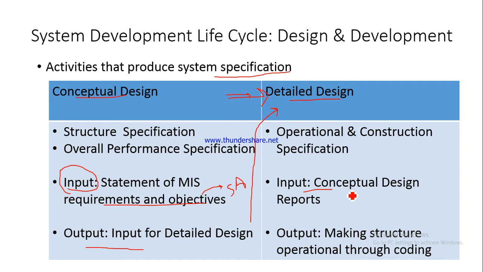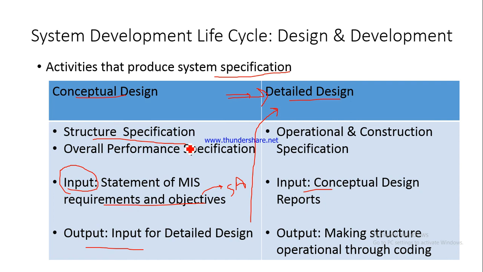Now let us have a look at what actually is done in the conceptual design stage. The structure of the new information system is specified, and overall performance is specified. So the broad structure is specified and the overall performance targets, performance levels, are specified.